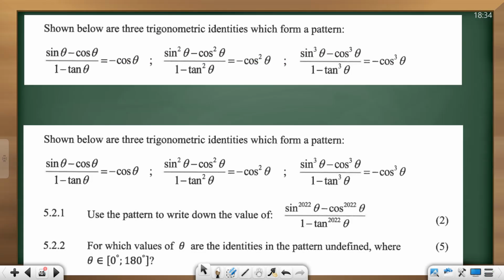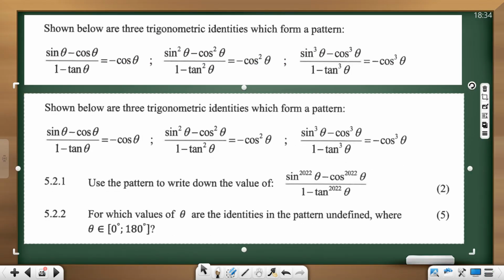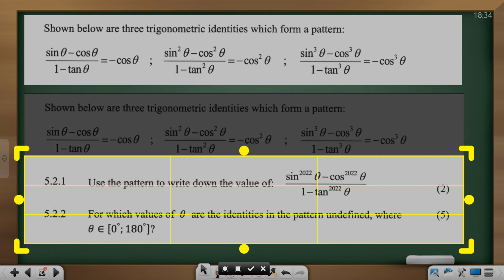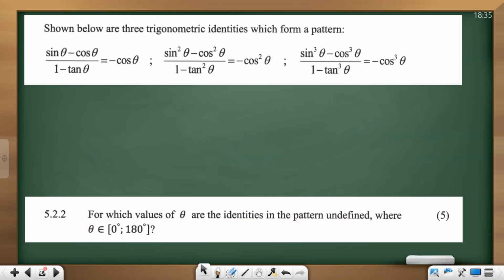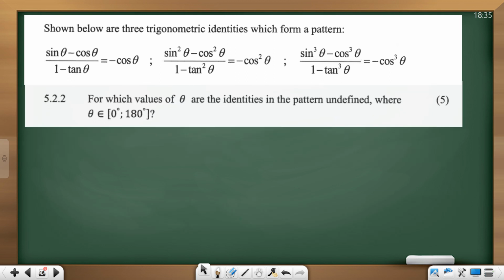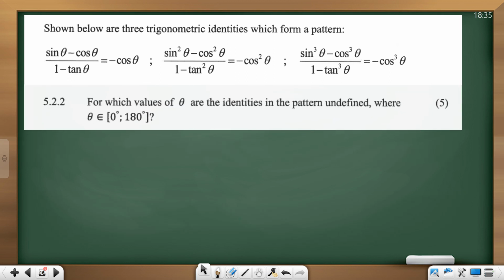Okay, Bibi has given me an answer. Can somebody else give me an answer? Undefined means you are going to get an error, right? Oh, beautiful. Denominator is equal to 0. Thank you, guys. You're doing the job.